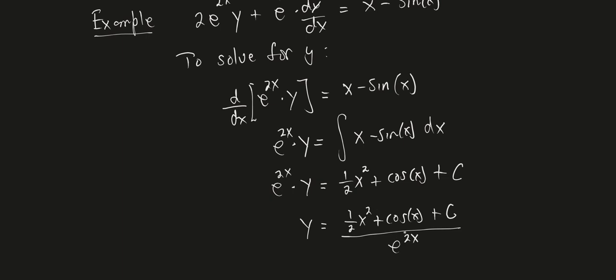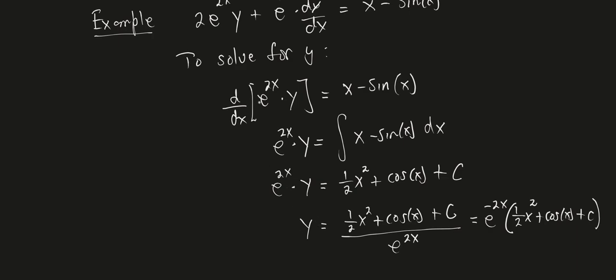And there are other ways this can be written. If you didn't want to write this as an actual fraction, you could bring up the e to the 2x, and it would look like this. So it becomes e to the negative 2x, and then in parentheses I would have the numerator: 1/2 x squared plus the cosine of x plus c. And there you go.